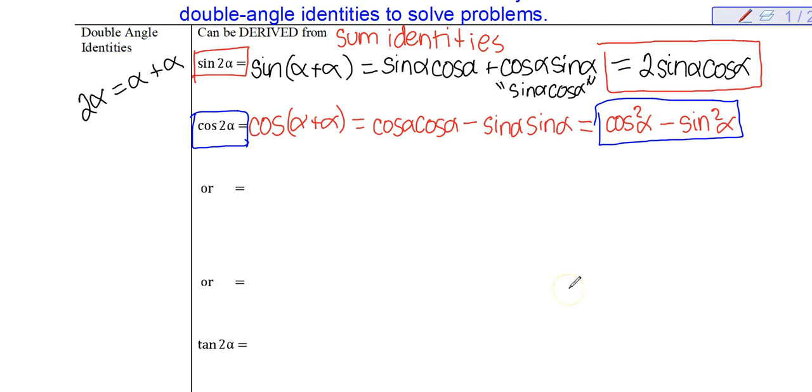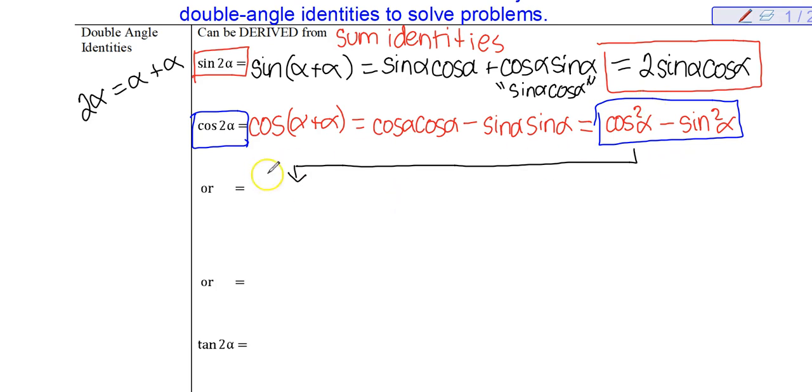So there's 2 more that we're going to look at. And they are built off of the answer that we just got for the cosine of 2 alpha, cosine squared alpha minus sine squared alpha. And they require you to use the Pythagorean identity, 1 equals sine squared alpha plus cosine squared alpha. Remember that one?